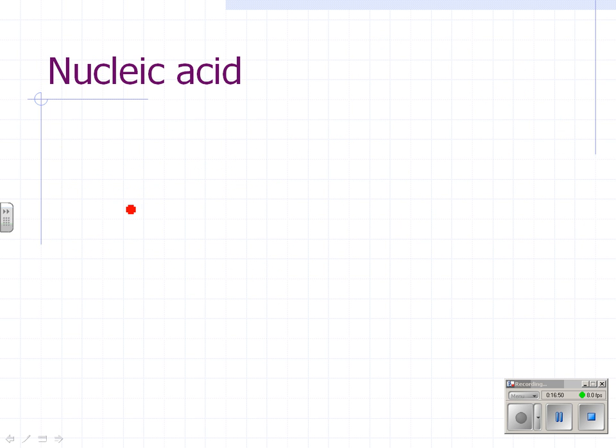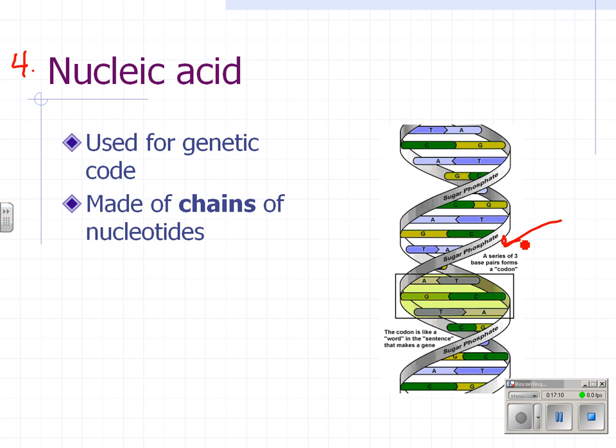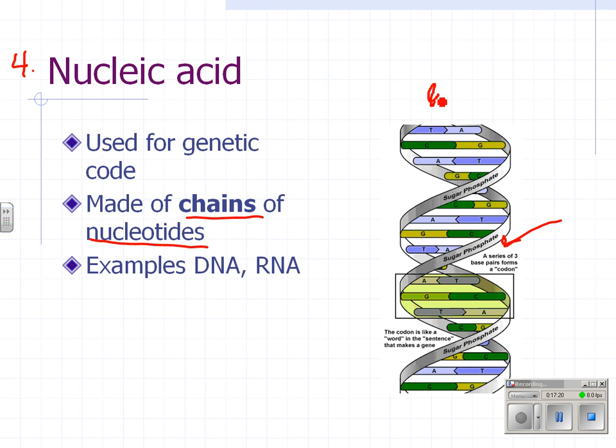Last one, nucleic acid. We're going to talk about nucleic acids in some great detail later on. You probably recognize that nucleic acids are used for your genetic code. They're made of chains of things called nucleotides, and we're going to talk about nucleotides later, so we're not going to go into great detail now. Example right here, DNA.